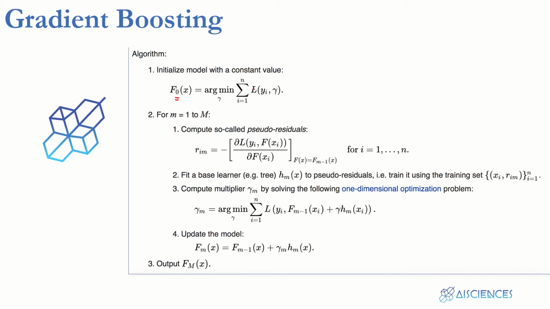Normally for this initialization, if L refers to the loss function, and you take, for example, the loss function being squared loss, then it can be shown that the initial prediction is just the average value of all the labels in the data set. For example, i varies from 1 to n, the average of yi, and that is the initial prediction for every data point.